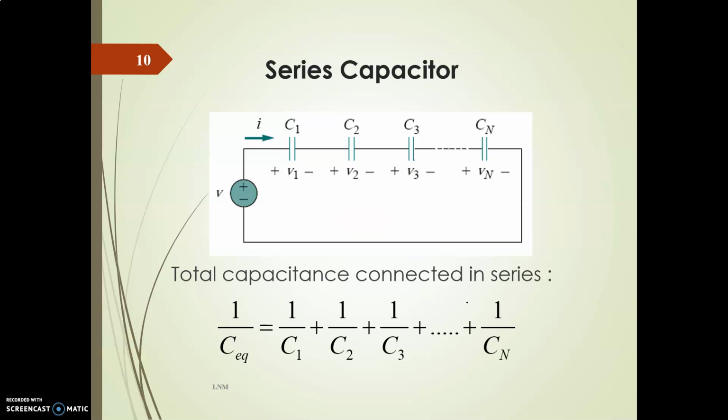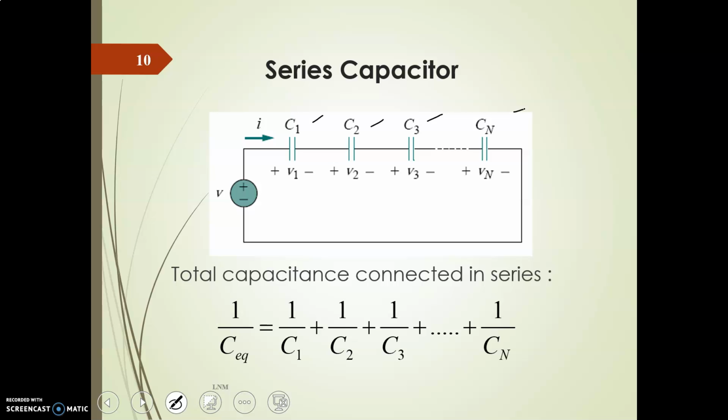Okay, series capacitor. The calculation is different from your usual resistance. Okay, for series capacitor, you must calculate as a parallel of resistance. For example, now you have C1, C2, C3, until Cn in series connection of capacitor.